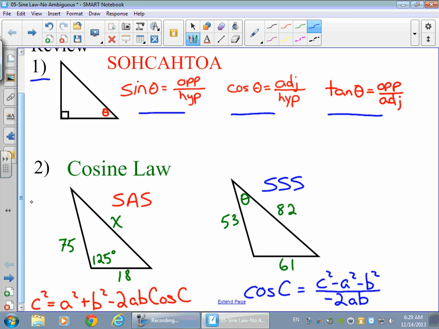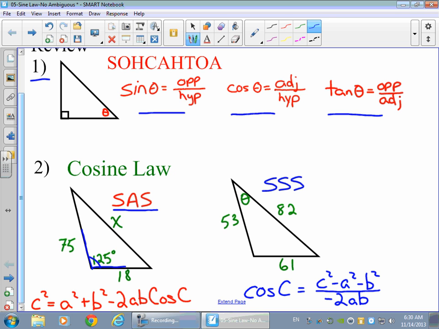We then saw the cosine law. There were two special cases of the cosine law. Side angle side, meaning I have exactly two sides that I know, and I have the angle that joins them given to me. Again, not any two sides and some other angle, the two sides that are joined by the given angle. So side angle side in that order.